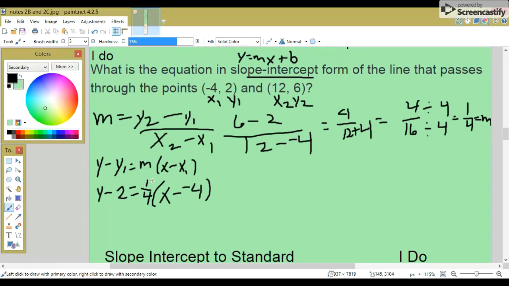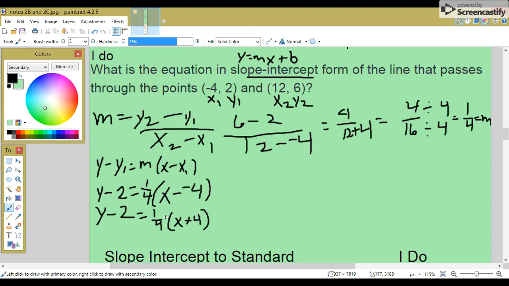So the first thing you want to do here is distribute. Well, before that, we have two negatives. That's going to make a positive. We have y minus 2 equals 1/4 parentheses x plus 4.